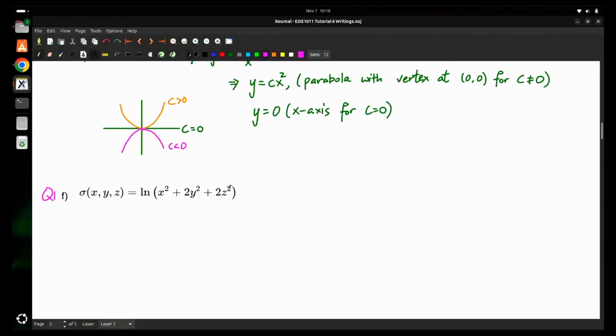But then because you have x squared plus 2y squared plus 2z squared, that means the argument for ln is actually more than or equal to 0. Correct or not? Because when x equals 0, y equals 0, z equals 0, you can have 0.